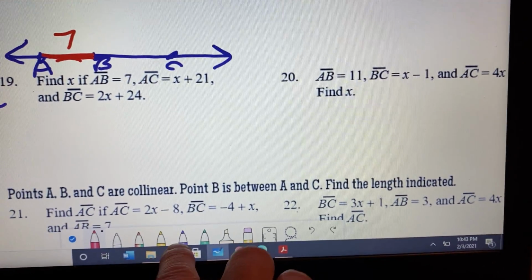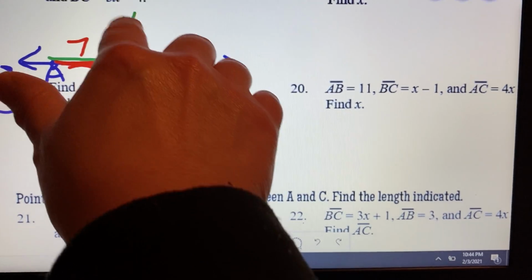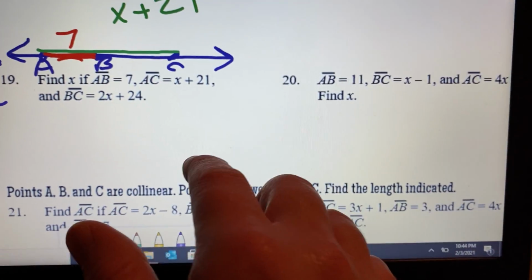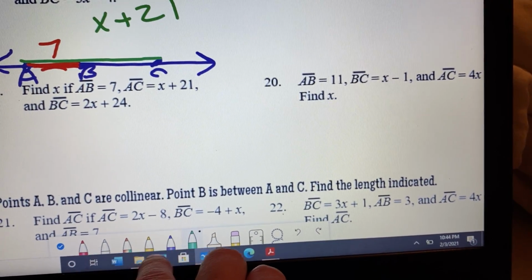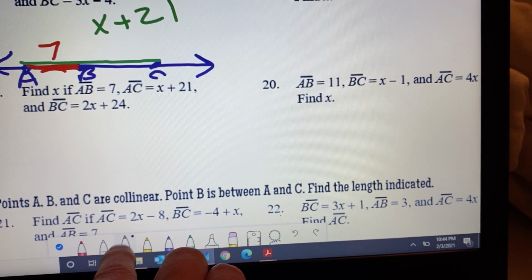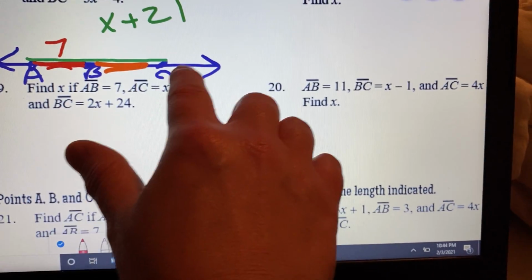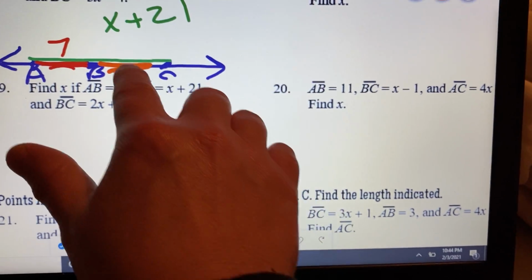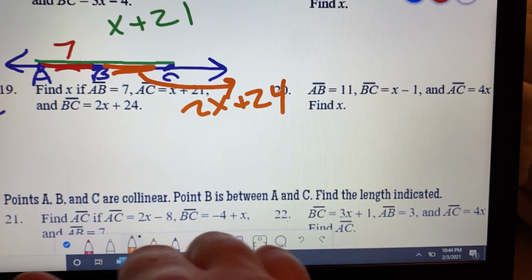AC is X plus 21, so the whole thing is X plus 21. And BC is 2X plus 24.